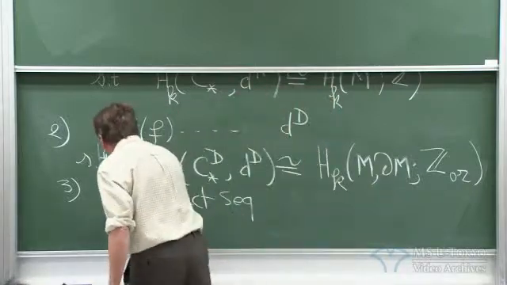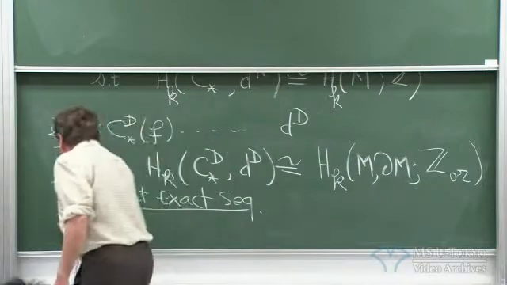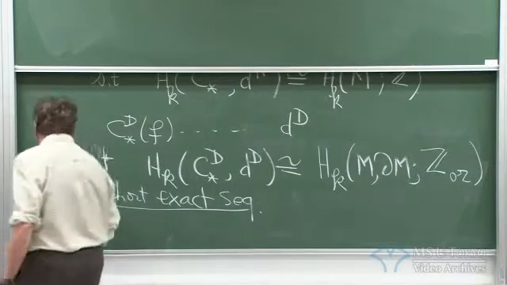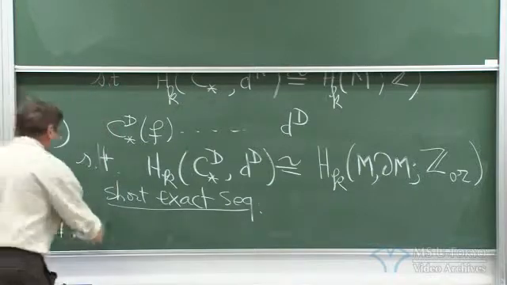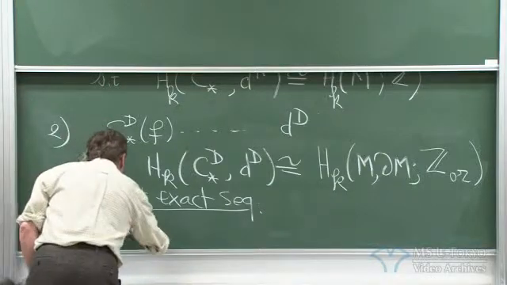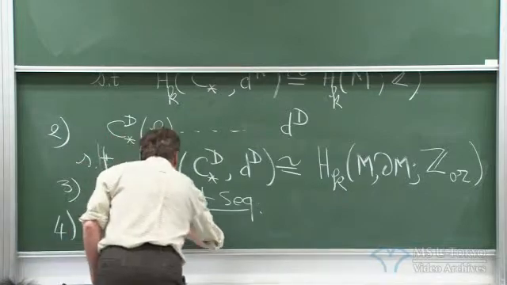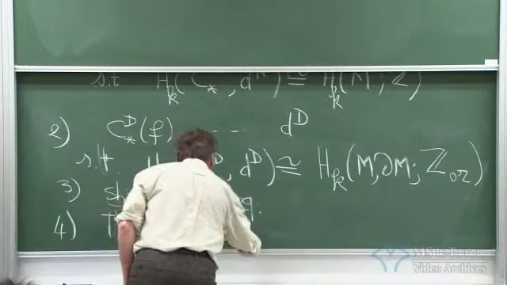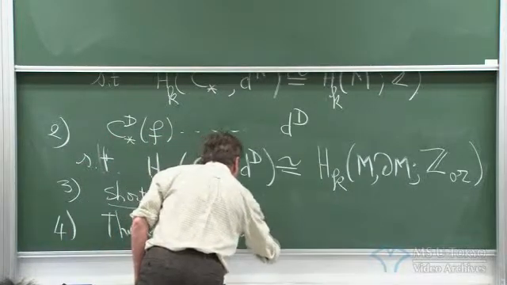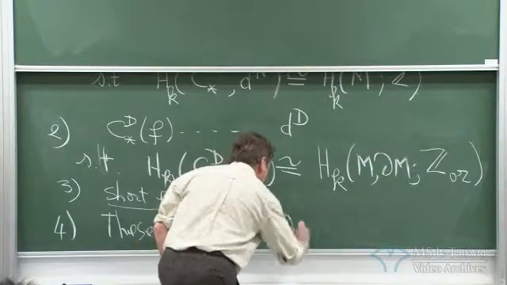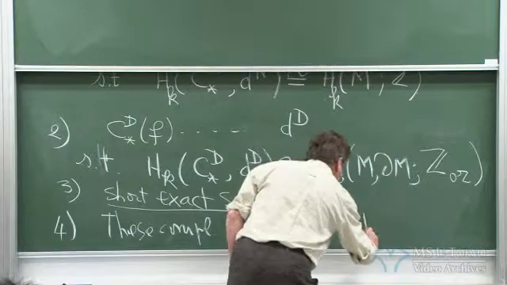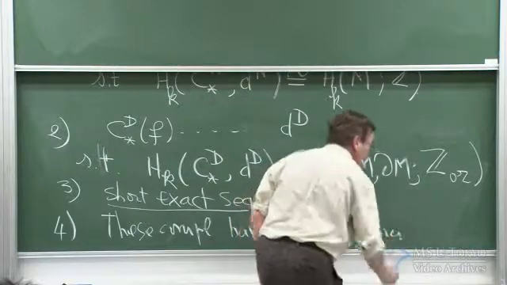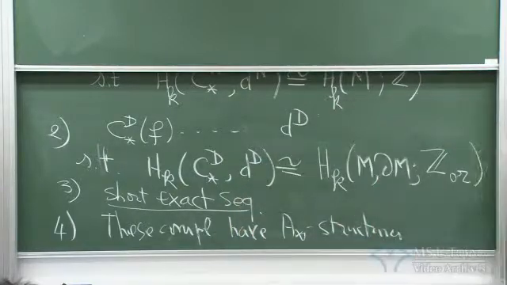Anyway, there is a short exact sequence. And the fourth part: all these complexes have A-infinity structures, not at all canonical, depending on a lot of choices.